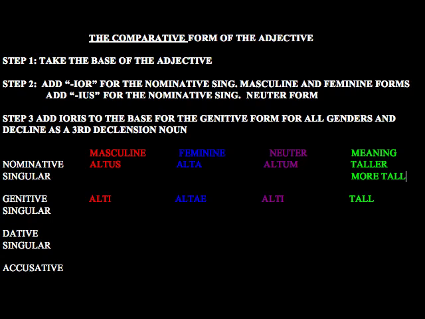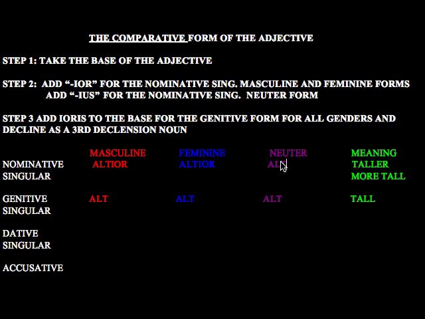So all you're going to do is, step one, take the base of the adjective, and you can always get that by going to any of the genitive forms of your adjective, dropping off the genitive endings, so the I, the AE, the I, and you're then just going to add IOR for the masculine nominative singular, IOR for the feminine nominative singular, and then the neuter's a little tricky.